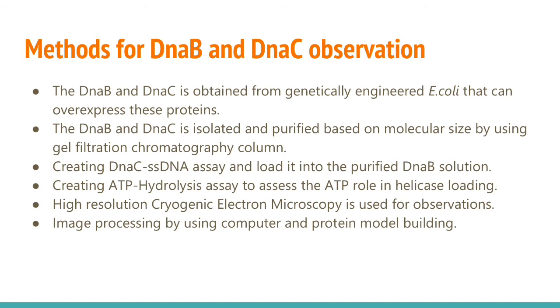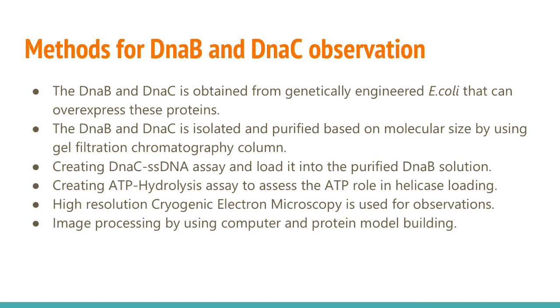Research method. The methods of DnaB and DnaC observation. The DnaB and DnaC are obtained from genetically engineered E. coli that can overexpress these proteins. The DnaB and DnaC are isolated and purified based on their molecular size, separated by using a gel chromatography column.